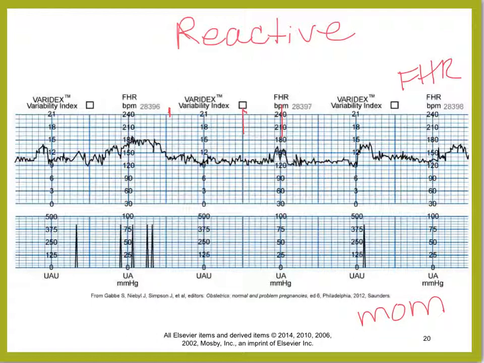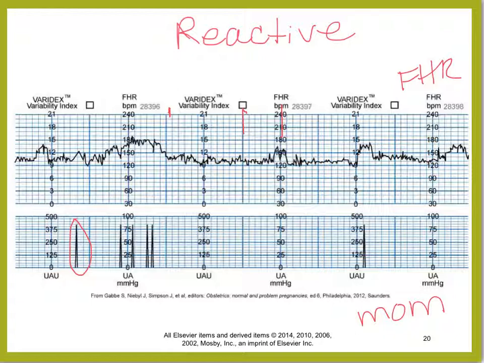So when we're looking at these strips in relation to mom's movement, in the very first block, you see mom has some type of uterine movement.